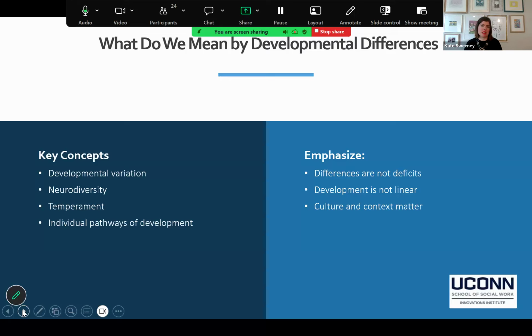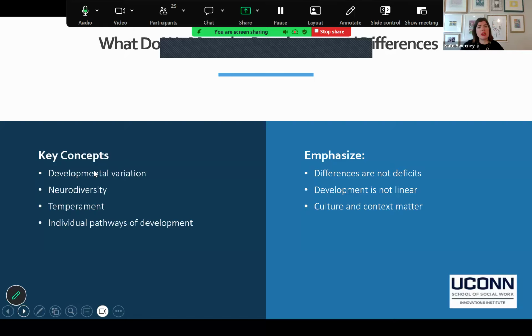That development is very interrelated, but not always linear. And sometimes we'll even take a step back, or we'll see developmental regression in a couple of areas. And that can be biological, or it can be an indication that there are other things to consider as well. And that culture and context matter so much for how we are observing and assessing and considering the development of a child.